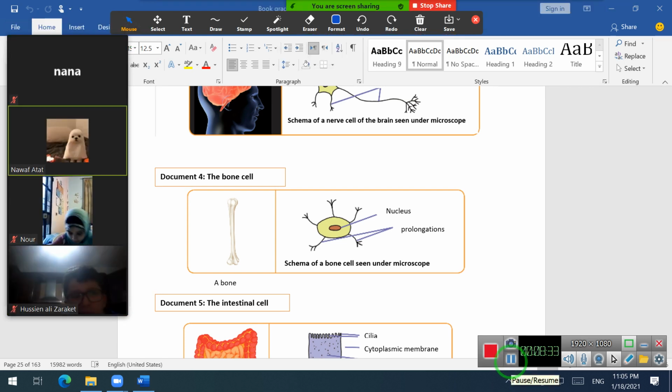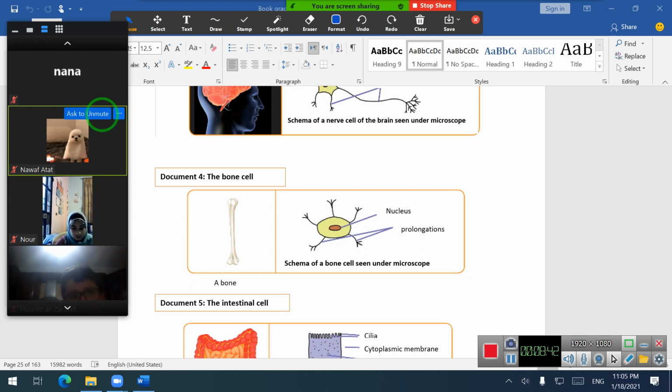What is the role of a plant cell? Okay, thanks Nawaf. The difference between all these human cells and the plant cell, for example, is that the plant cell has many plastids or some specialized features such as chloroplasts, amyloplasts and etc. to produce their own food. It is only for the green plants.